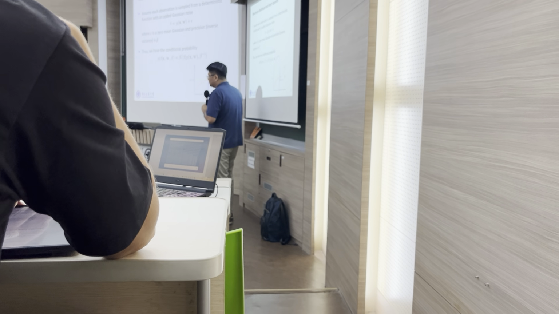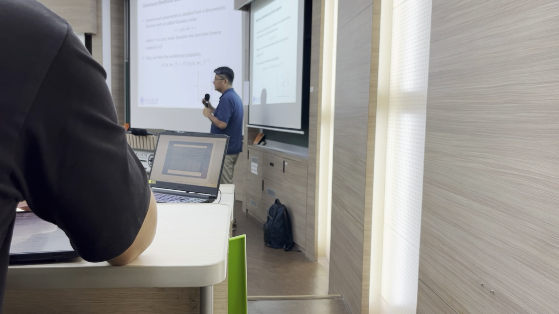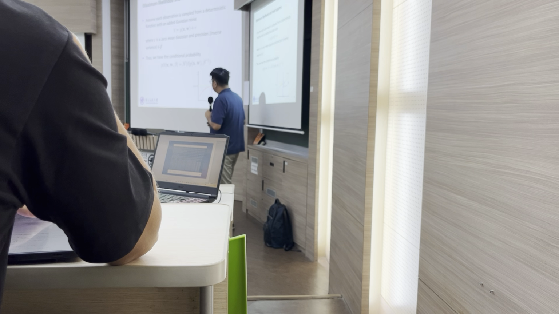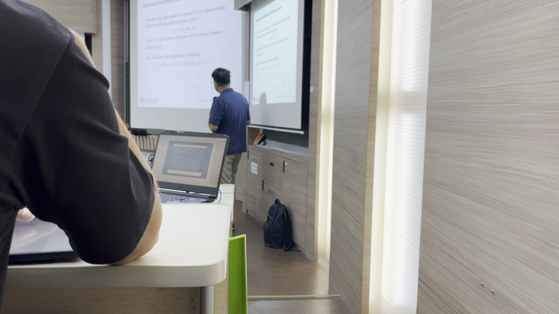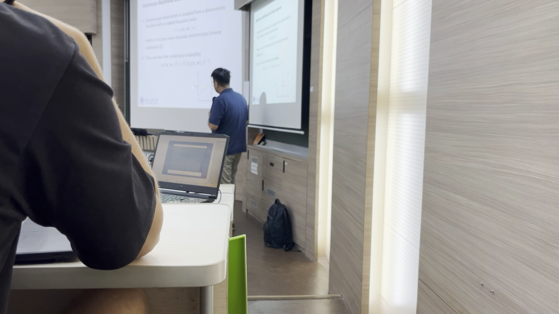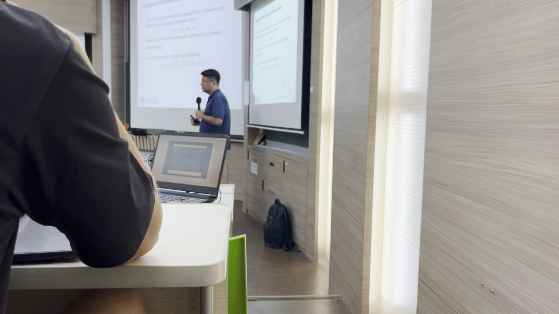So if the ground truth is around the prediction, we say this data has been correctly or accurately predicted. So its probability should be high. This is a Gaussian distribution. If the ground truth is approaching the prediction, the probability should be high. Otherwise, the probability decreases exponentially. So this is the meaning of this equation.